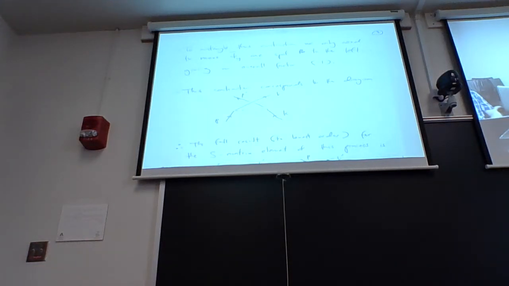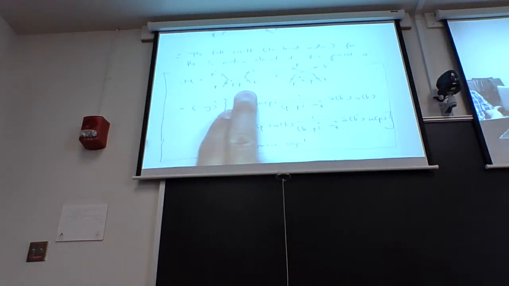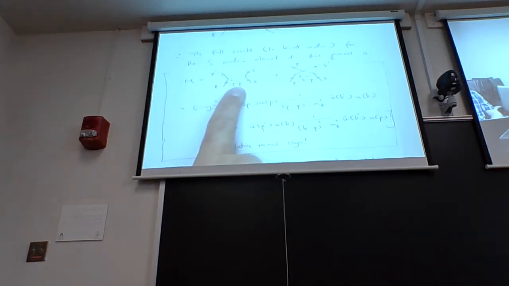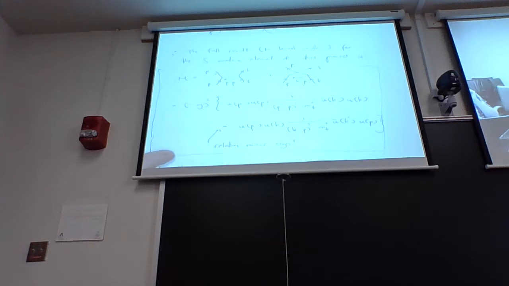So anytime you have identical particles in the final state, you're going to have to consider these cross diagrams along with the original diagram that you wrote down. So the full result for fermion to fermion is this diagram, and then the cross diagram. And with our prescription, the minus sign goes with the cross diagram.